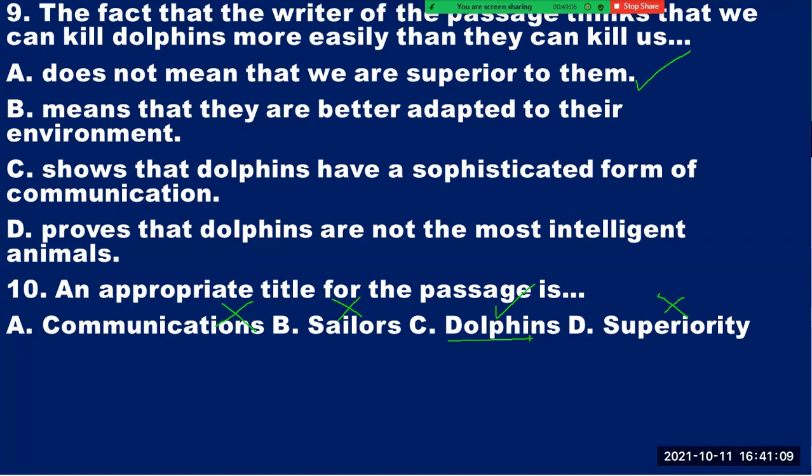How do we know? Again, let's head back to the passage. Now, this is an inferential question because there is nothing about the title that is mentioned in the passage, but we know that the title of a passage is what the passage is all about. And so with this background knowledge, we should be able to figure out the title for this passage, and that is an inferential question.